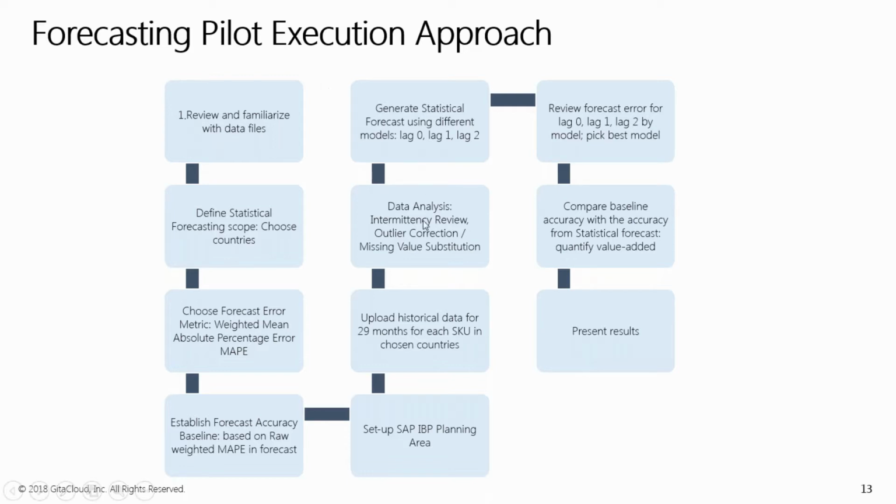One of the things that we did was clean up the data a little bit. There were quite a few outliers, and some SKUs had data missing totally for many months in that 29-month time frame. So we did a little bit of cleaning, and now we were ready to start using our forecasting models.